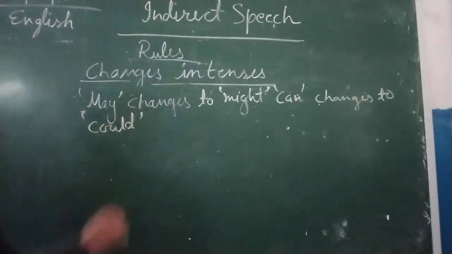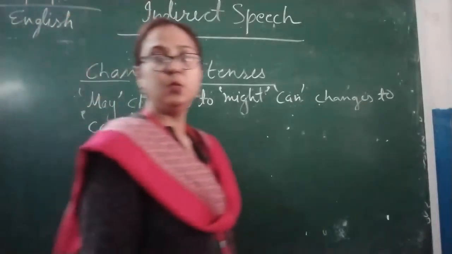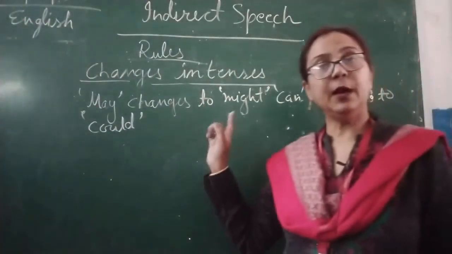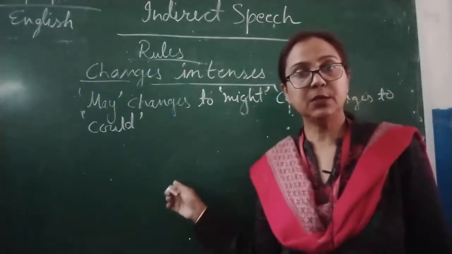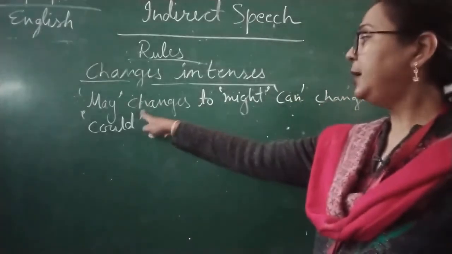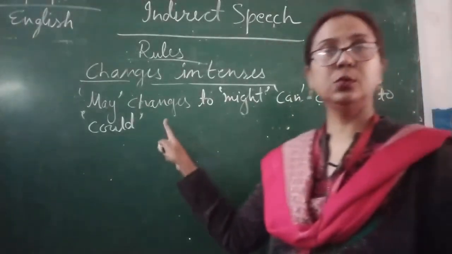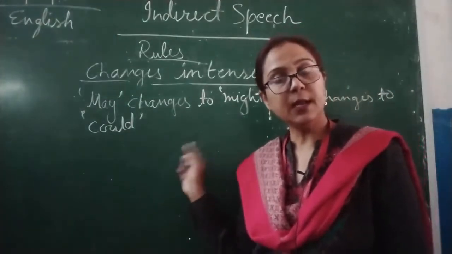So this is the rule that you should learn, that when we are making direct to indirect speech, the next rule is may changes to might and can changes to could. So this is the next rule.